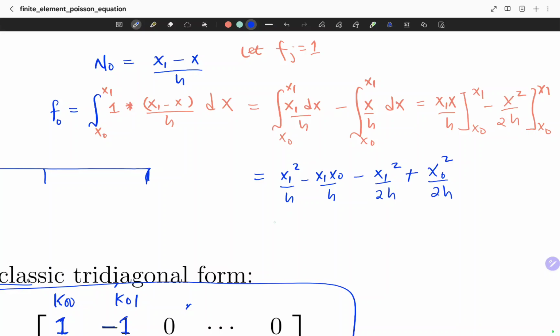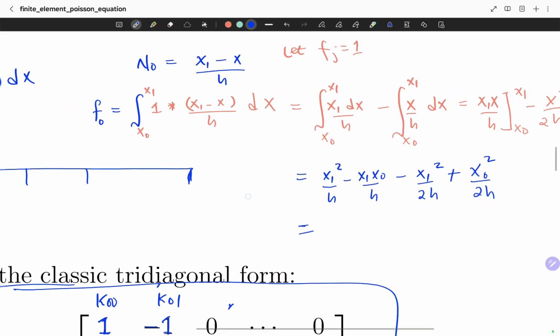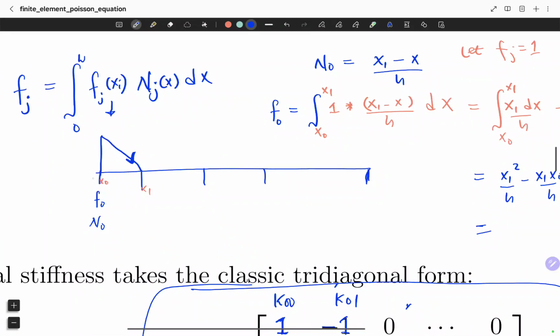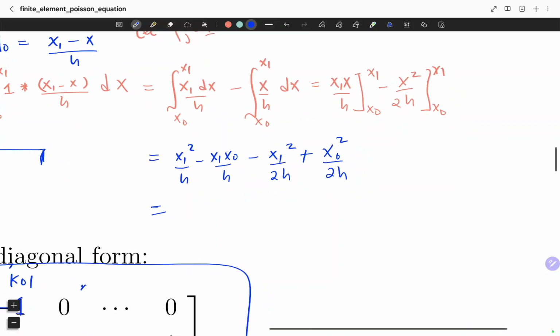And this leads to, yes, if we look at from where we started, x0 is 0 and x1 will be h because it's the next step.